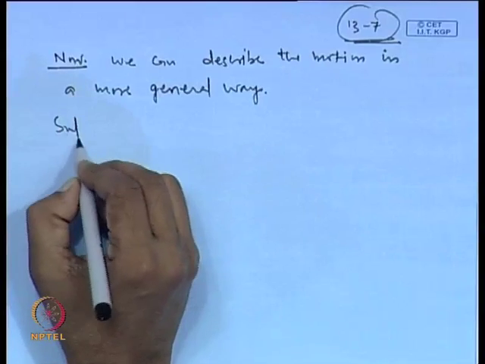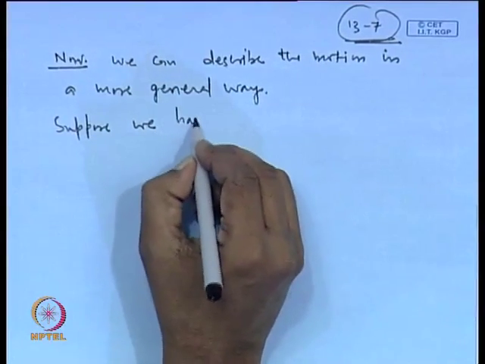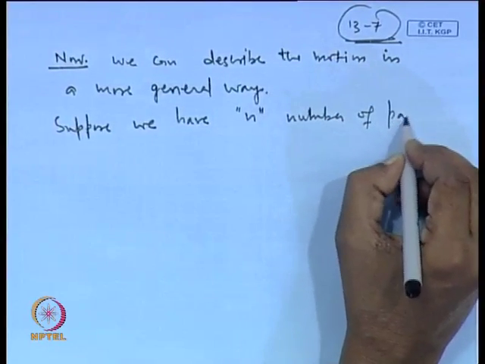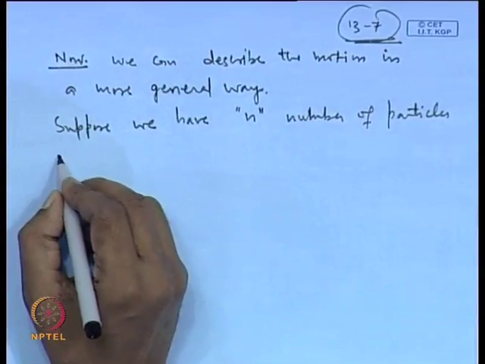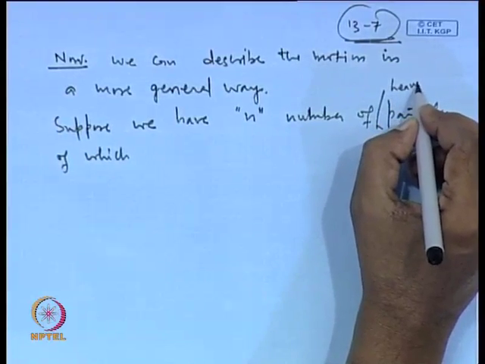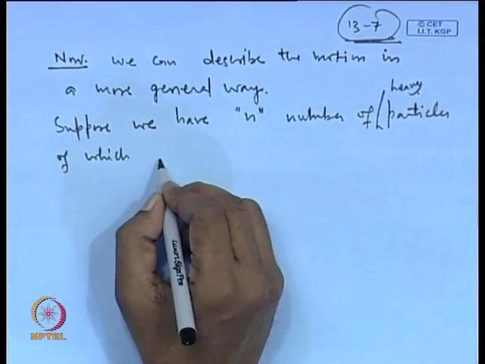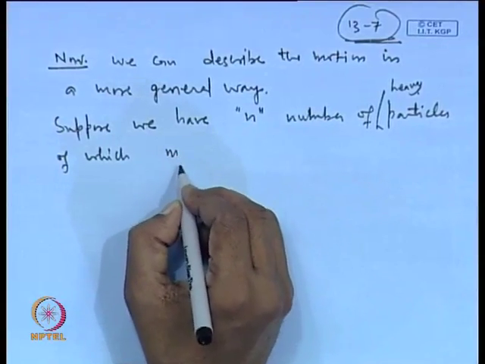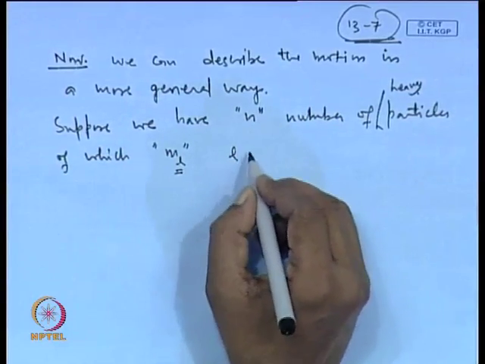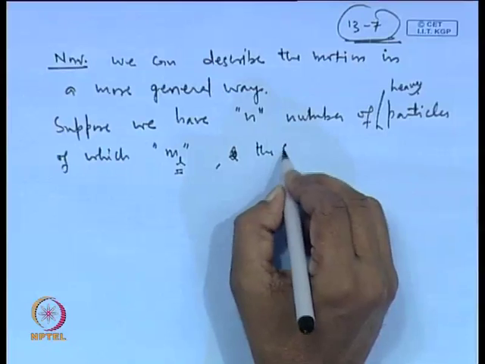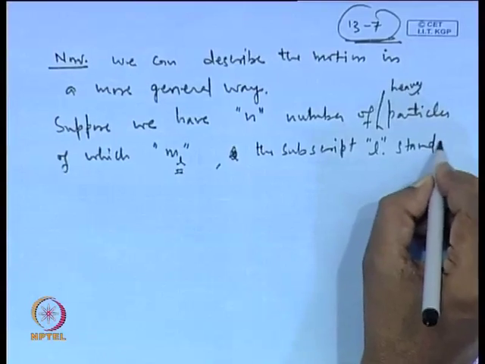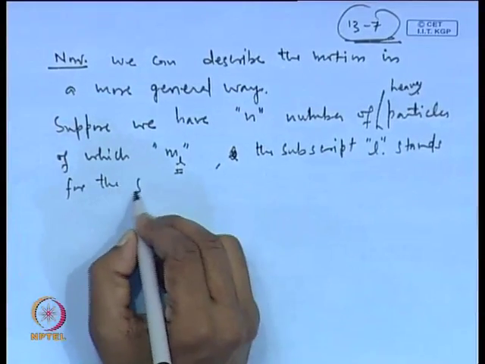Suppose we have n number of particles, n number of heavy particles basically, or heavenly bodies, of which ml, where the subscript L is indicating the satellite.